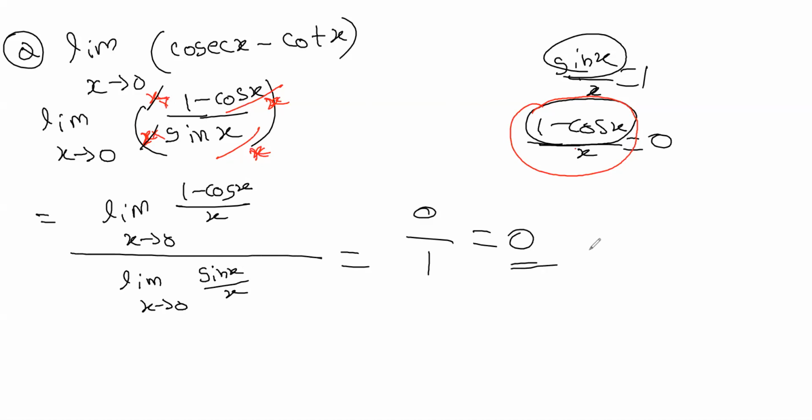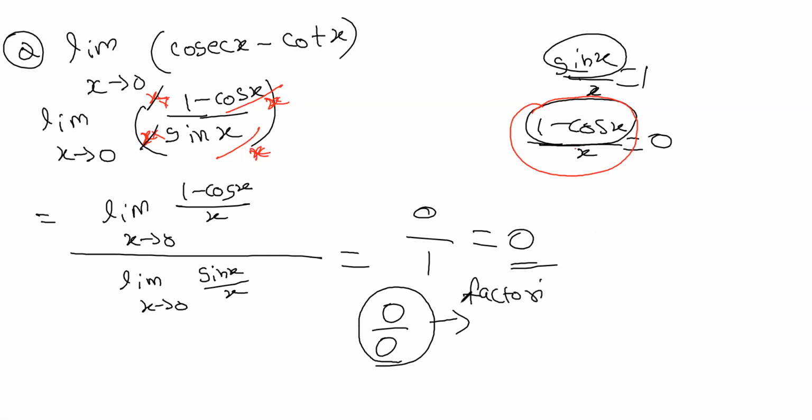If it comes 0 by 0, then we have to go by another method. What is the other method we would use? If it comes 0 by 0, we have to use the factorization method. That is the first one.